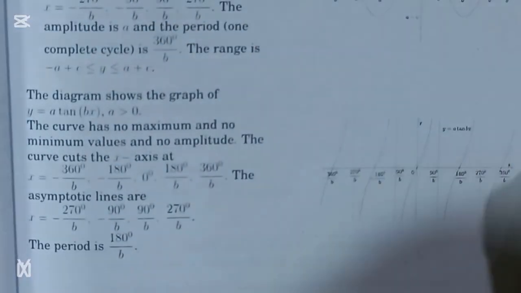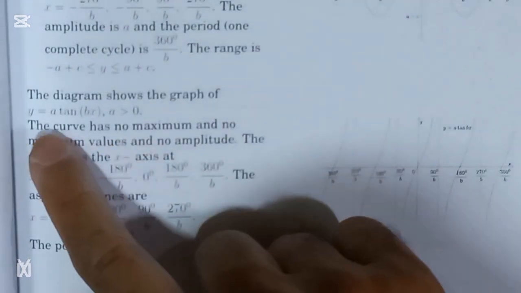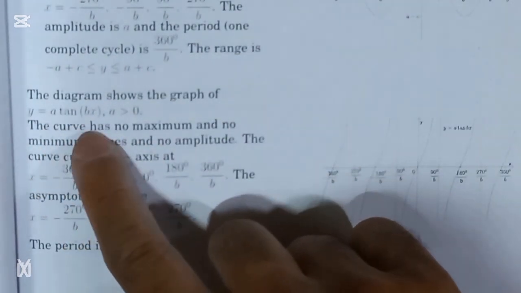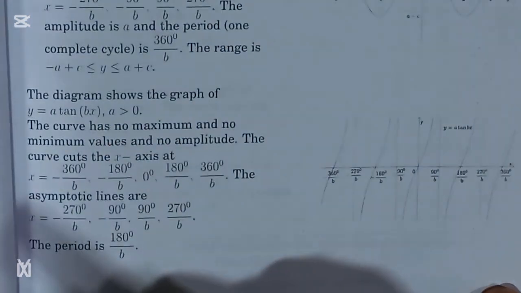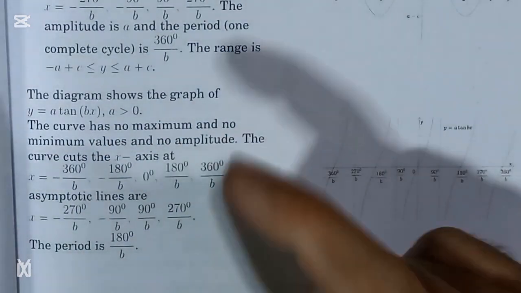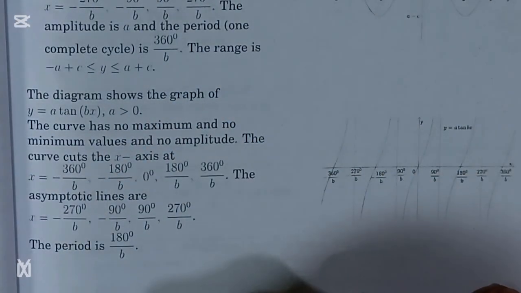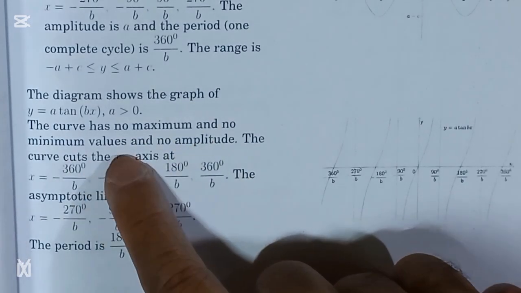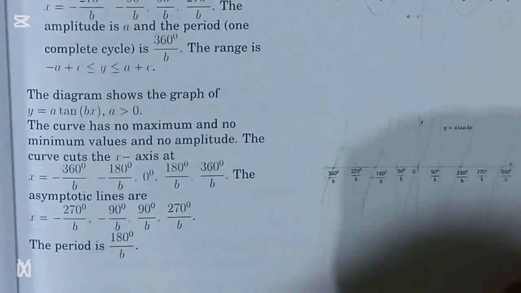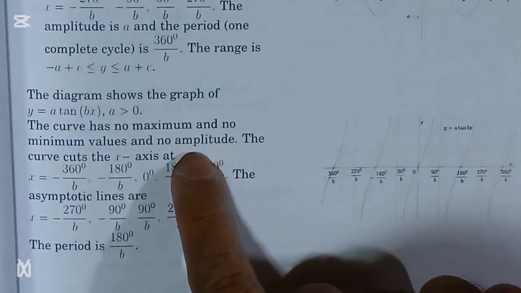The next thing which we are going to discuss is the graph of y = A tan bx where A is greater than 0. If you remember and have learned the concept of y = tan x, the same concepts will be used here. Look now, the curve has no maximum and no minimum values because disjointed curves are there, and no amplitude as well.